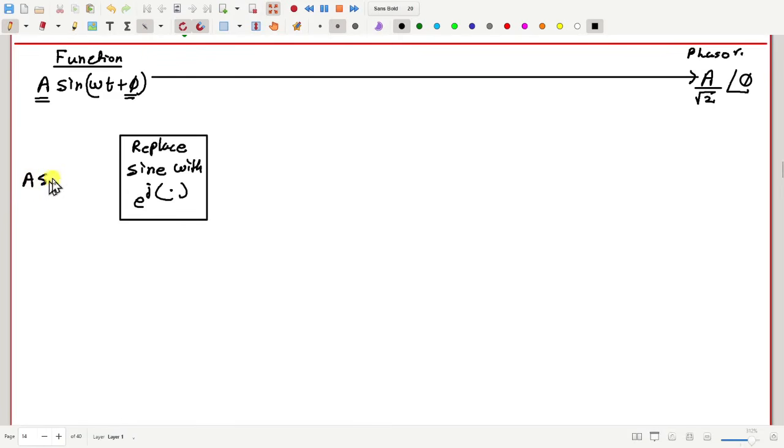We originally have A sine omega t plus phi, and after the replacement we get A e to the power j omega t plus phi. After this, we put t equal to 0.